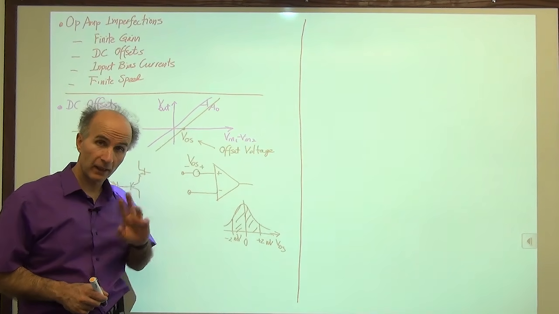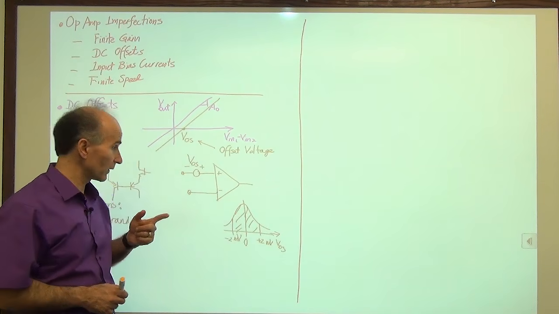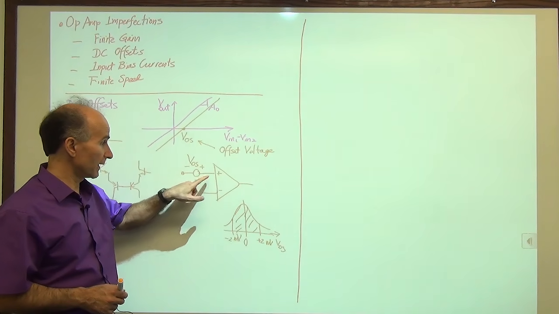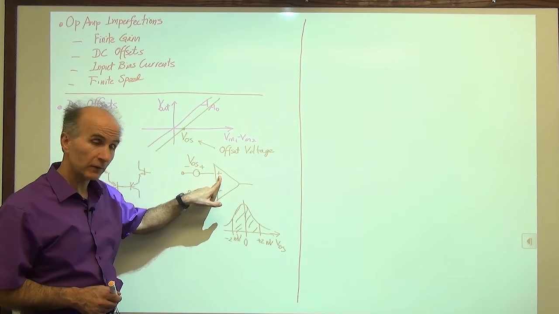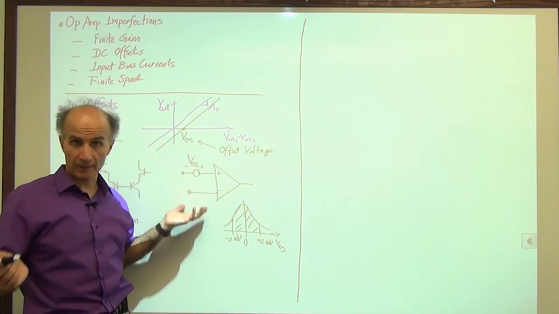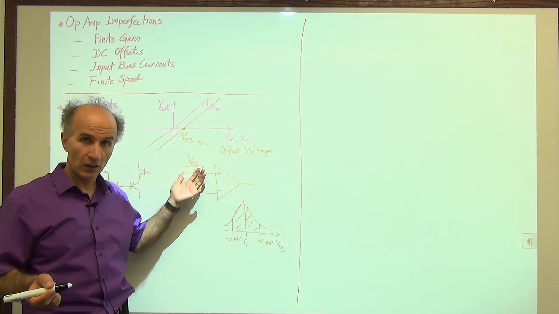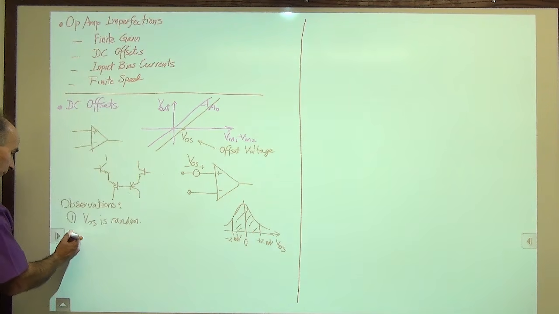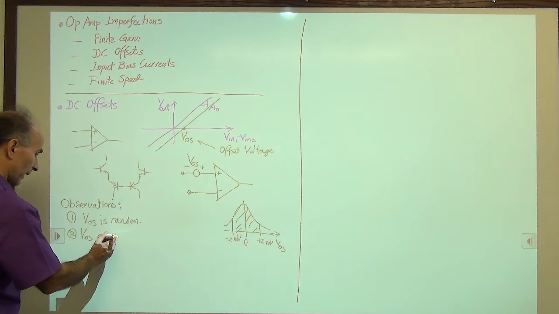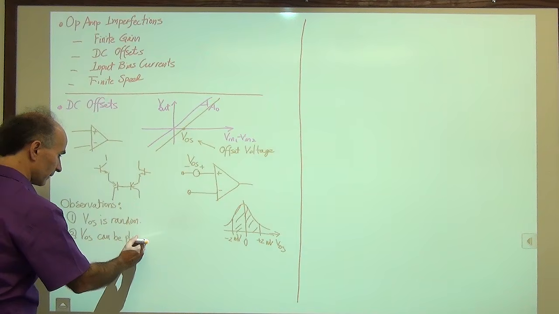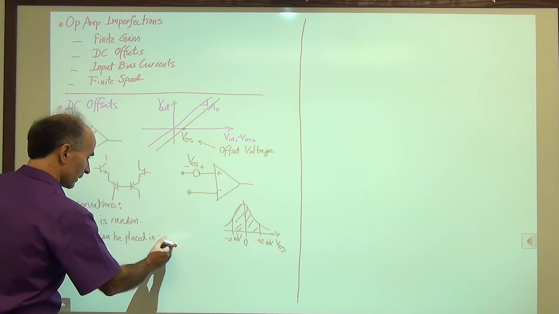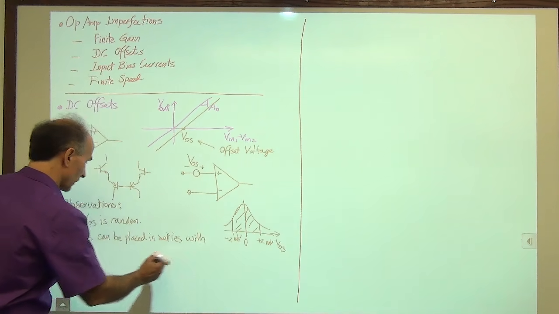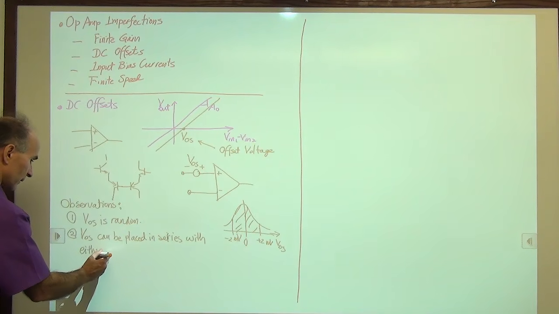Now, because the sign is also random, it doesn't matter whether you put this plus here or here, or whether you place this voltage source in series with the non-inverting input or in series with the inverting input. It doesn't make any difference, because VOS could be positive or negative anyway. So VOS can be placed in series with either input.